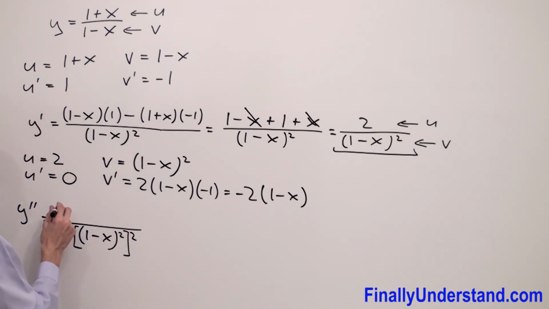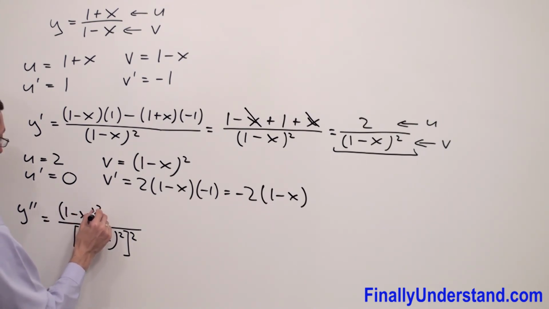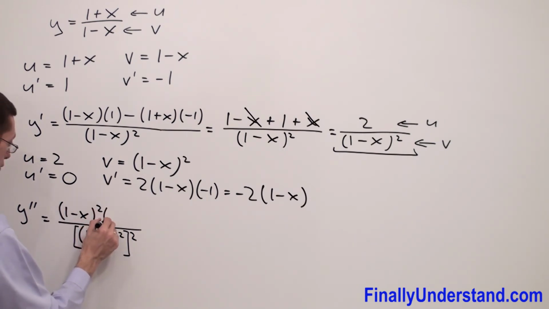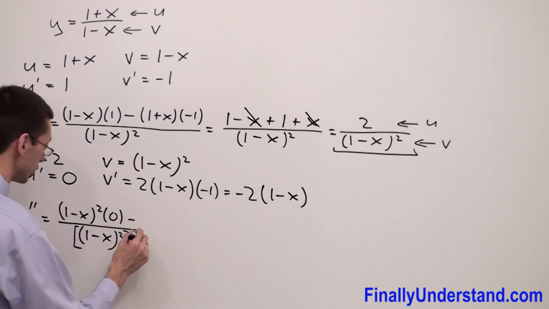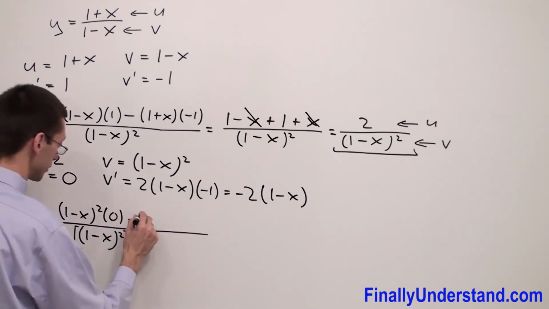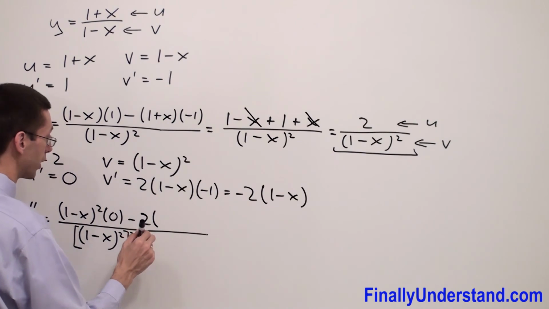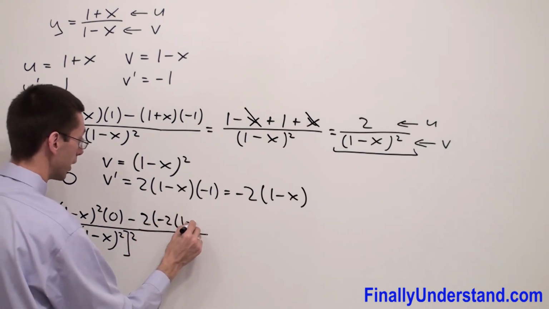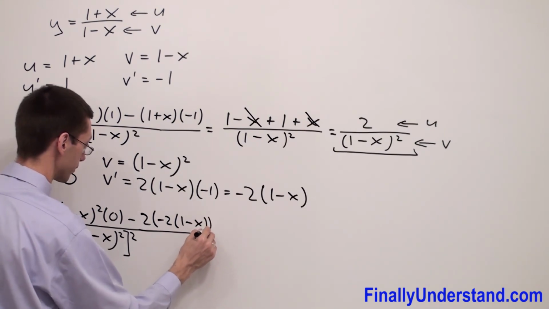Next, we're supposed to write v, which is 1 minus x to the second power, times u prime, which is equal to 0, minus u times v prime, negative 2 times 1 minus x.